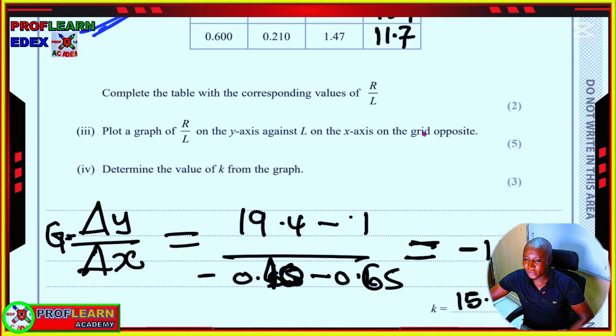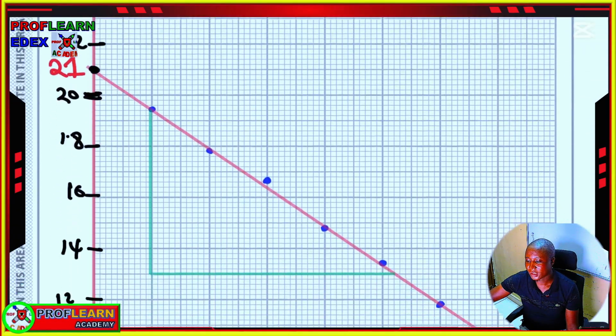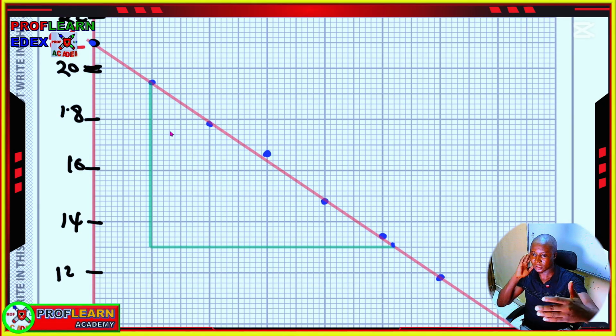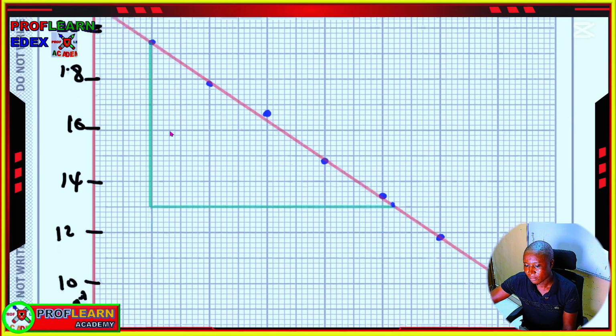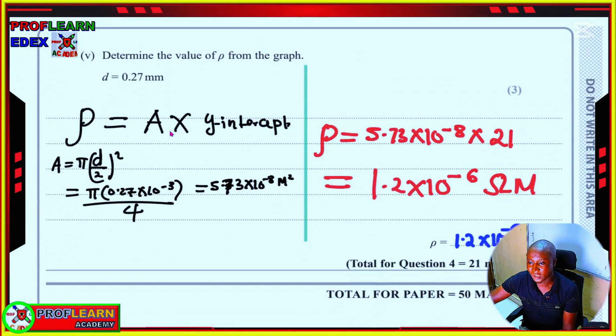Plotting the graph and using it to find the gradient is another concept that you need to know. And don't forget to write the correct units of the gradient. The graph that we were supposed to draw is this graph, and you can see our y-intercept is well elaborated here. I've indicated finding the gradient using a section of the graph, and make sure you use a big section, more than half the line of the graph.